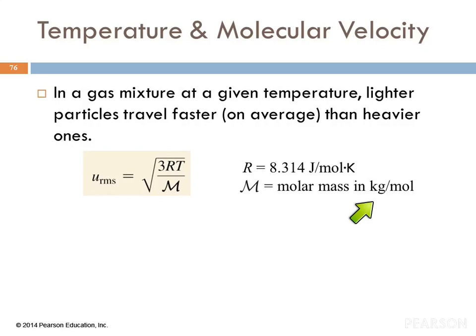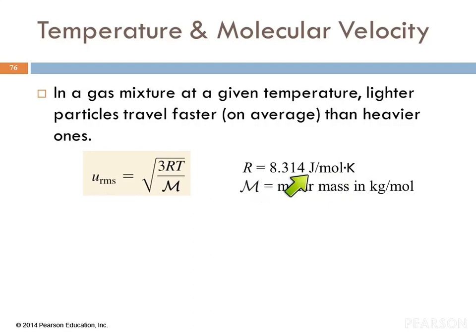In the example, I'll show you why that is. This is a different value for R. It's equivalent, it just has different units. This has units of joules per mole Kelvin, and we use it here because the units work out.